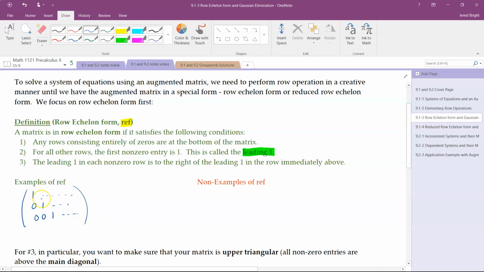I'll come back to this in a moment. We could also have the situation where it's 1 and then numbers and then 0, 0, 1. That's fine because this leading one is to the right of that leading one. So as long as we have a leading one in successive rows that is down and to the right, we're good.